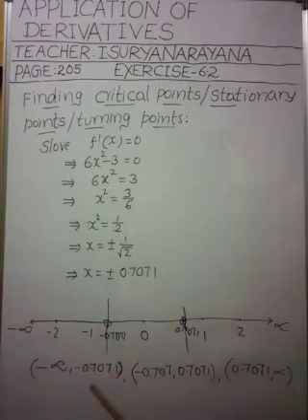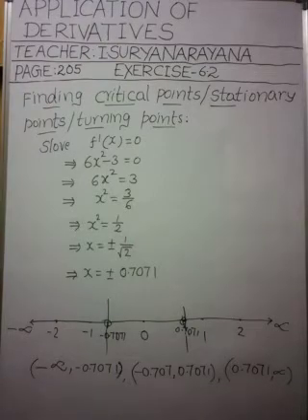Now we got three intervals. In these three intervals, what should we do? We have to choose any number and substitute that number in f dash of x. If f dash of x is greater than 0, we say it is increasing in that particular interval.